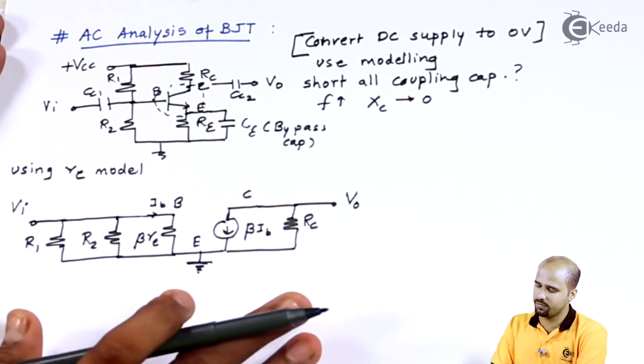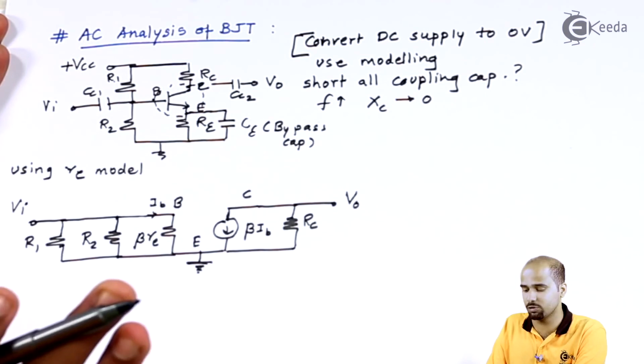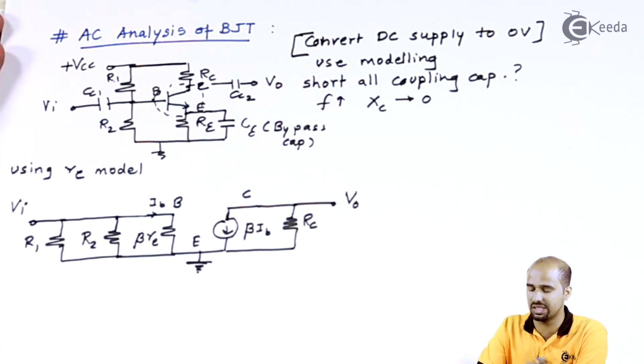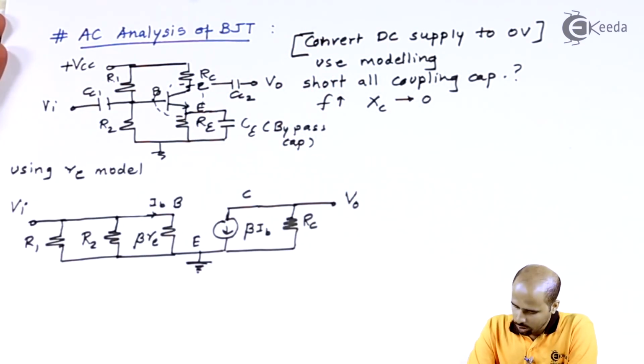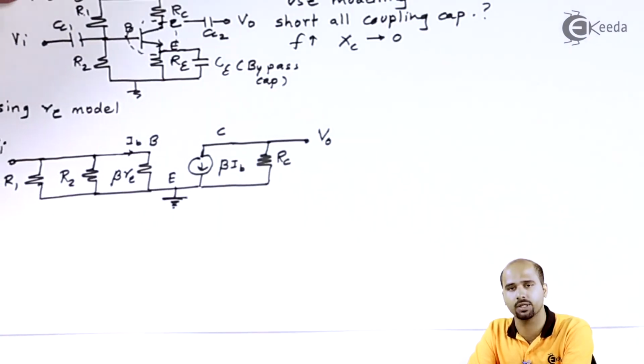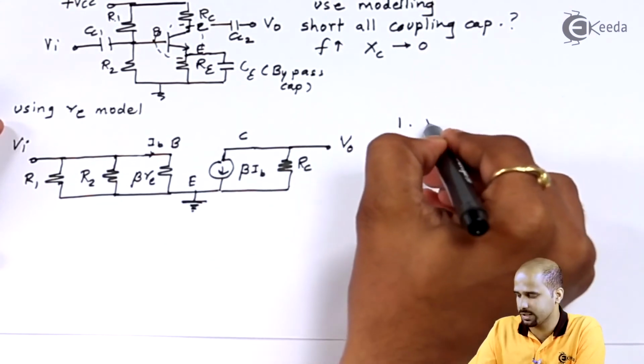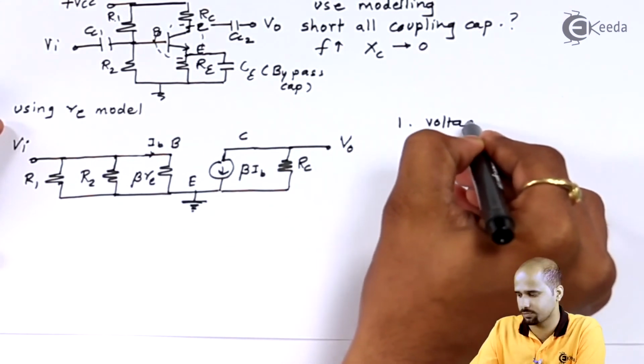So this is how we have used the re model to draw the AC equivalent circuit of the given circuit, right? A question arises: okay, the re model is done, then we have to move to finding some particular parameters. One parameter that we have to find is voltage gain.